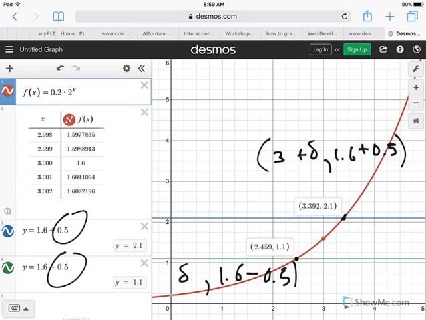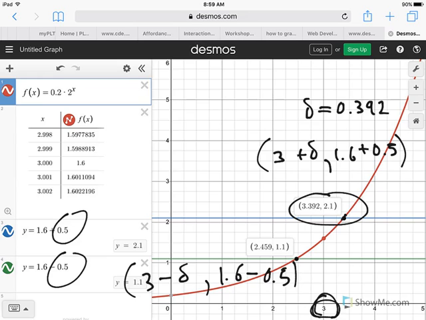And then for C, we're going to have 3 minus delta here. You can see that when epsilon is 0.5, if you work with the point on the right, you get a value of delta that is 0.392. And if you work with the point on the left of C, you get a different value for delta. Delta would be about 0.55.